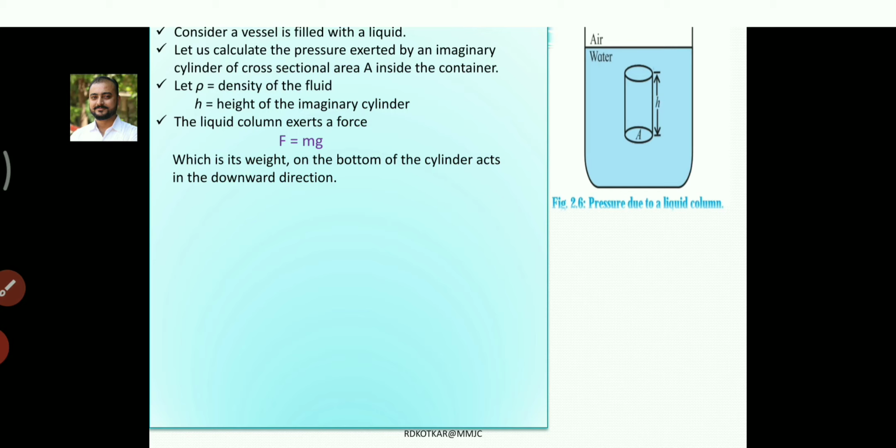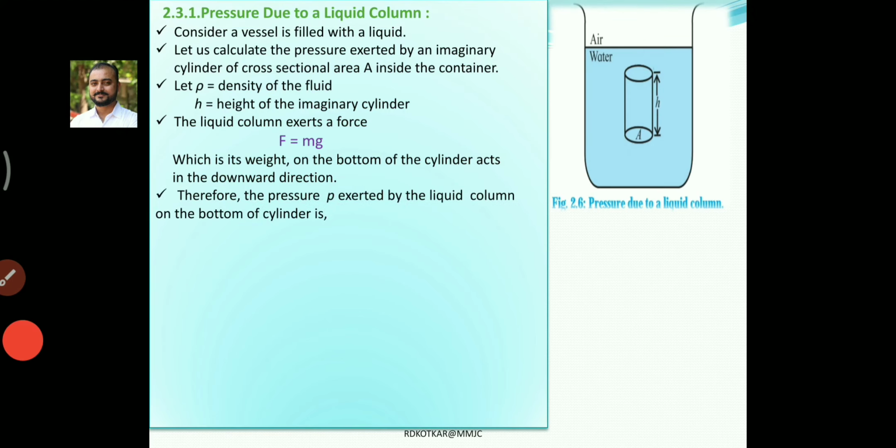Downward force equals weight mg. Therefore, the pressure P exerted by the liquid column on the bottom of the cylinder is given by the formula pressure equals F divided by A, and F has the value m into g.